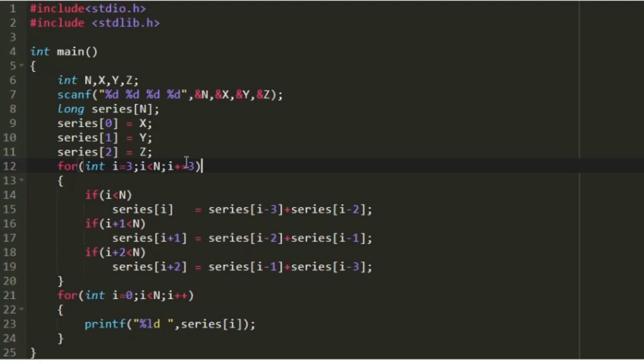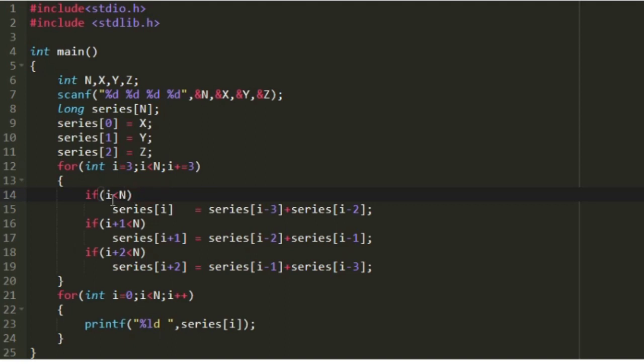And this condition i plus equal to 3 is similar to i is equal to i plus 3. So in every iteration the value of i will be incremented by 3, because in every iteration of this loop we will be filling integers at index i, i plus 1 and i plus 2. So that is why we increment the value of i by 3 in every iteration.